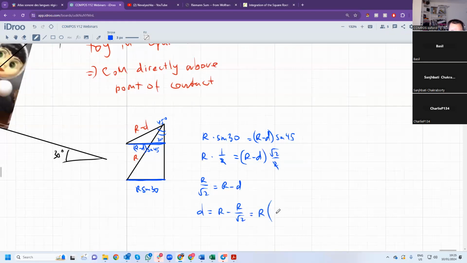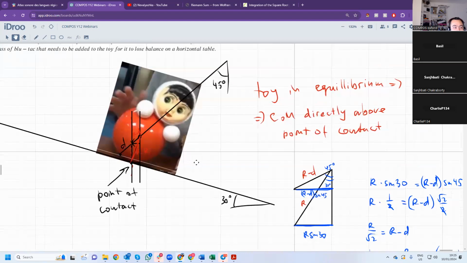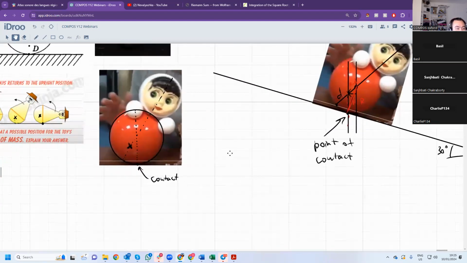So it's R times (1 minus 1 over square root of 2), which is square root of 2 minus 1 over square root of 2 times R. So that's the position of the center of mass.